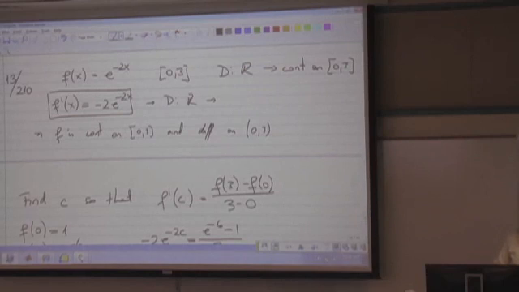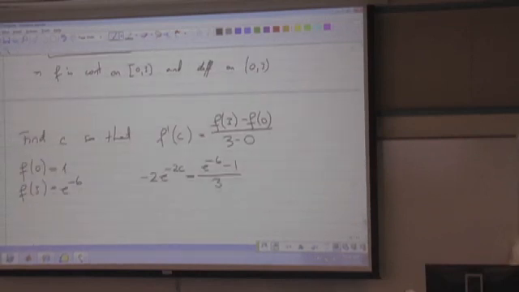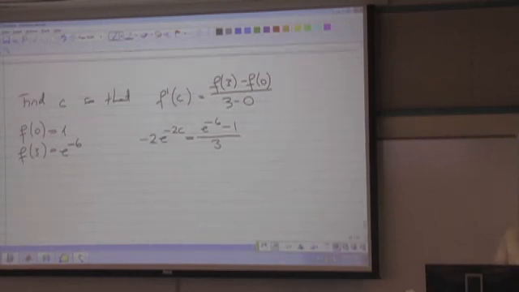Okay? So now, since you're all versed in these types of problems, why don't you tell me what c is? Staring at it is not going to give you the answer, I can guarantee you. Yes. The first step would be to divide by negative 2. So now negative 2 is multiplied by the numerator.